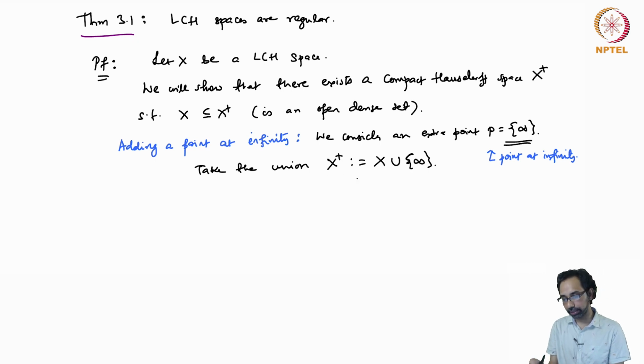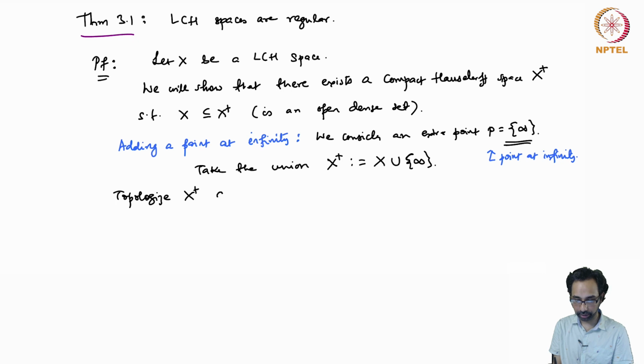So X plus as a set is X union this point at infinity, and we take the following topology on X plus. Topologize X plus as follows.